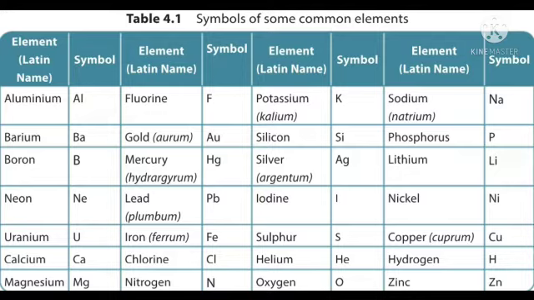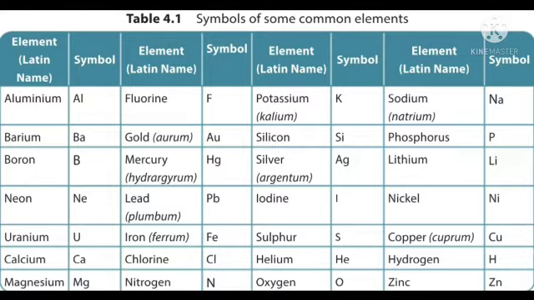In some cases, another distinct letter is used. Example, chlorine Cl, magnesium Mg, manganese Mn. In the table we also saw aluminium Al, barium Ba, boron B, neon Ne, uranium U.